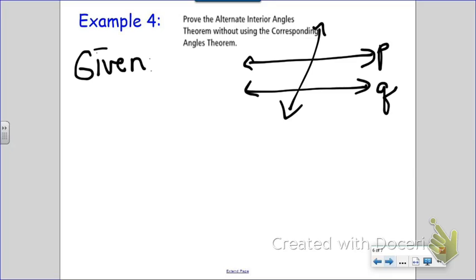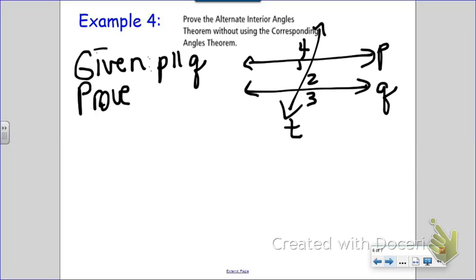So P and Q, transversal line T. I'm going to use some angles in my drawing to help me. So given P is parallel to Q, we're going to prove that angle 1 is congruent to angle 2.